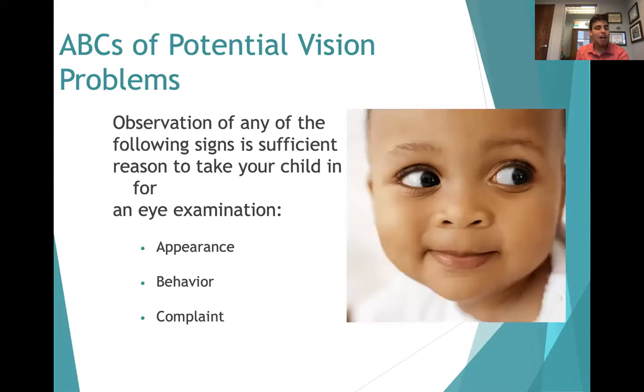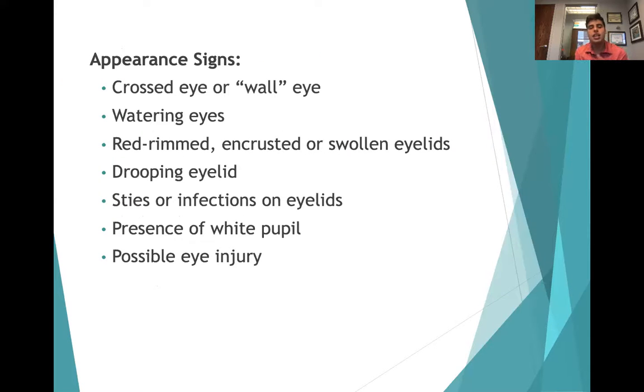So we can learn a lot from observations. Observation of any of the following signs is sufficient reason to take your child in for an eye examination. And so those are the ABCs: appearance, behavior, complaint. So appearance, here's a list of some signs that you would want your child to go in to see an eye doctor.